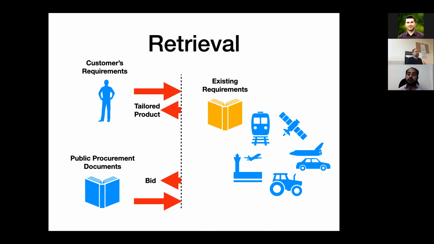Similarly, in other cases in which you have public procurement documents, you want to check whether your requirements, and therefore your system, actually cover, or to what extent they cover, the public procurement documents. In these cases, it goes without saying, you can use NLP techniques, and more specifically information retrieval techniques.